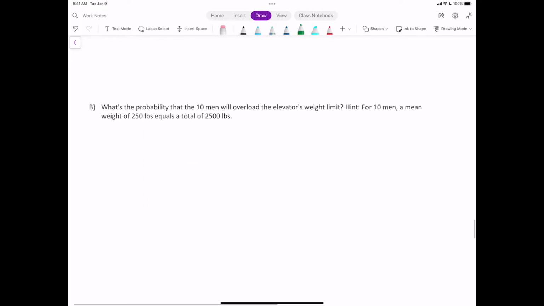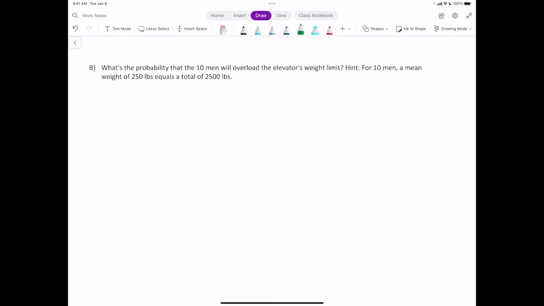All right. What's the probability that 10 men will overload the elevator's weight limit of 2,500 pounds? Okay, remember there's a weight limit of 2,500 pounds on that elevator. So here's the hint. For 10 men, for us to get to 2,500 pounds, we need a mean weight of 250 pounds per man, right?